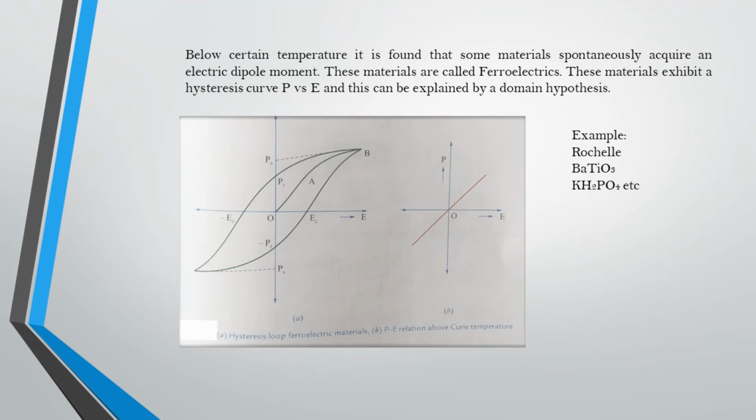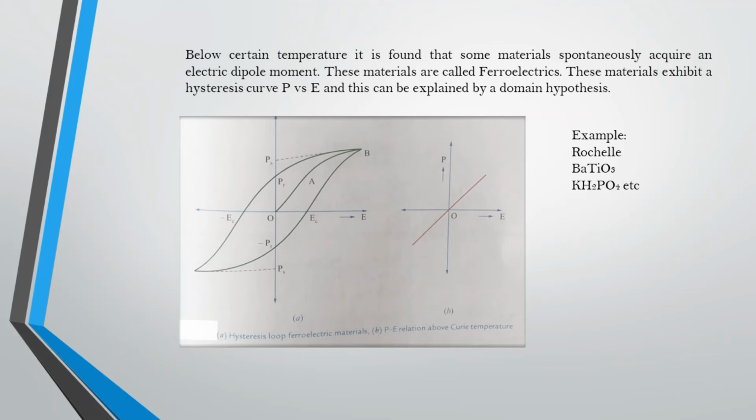But above a particular temperature, the relation of P versus E will be linear. That is, the ferroelectric will no longer show ferroelectric properties; rather, it will become a paraelectric material.